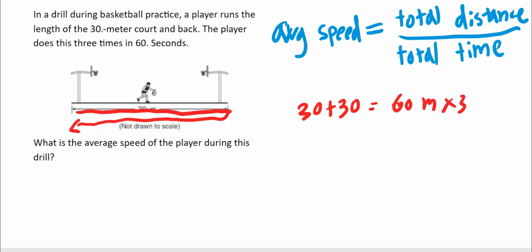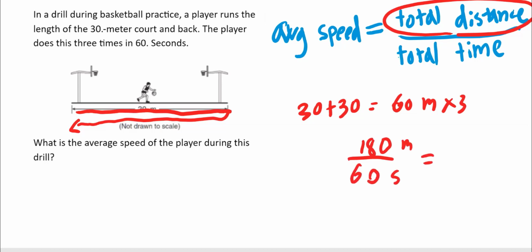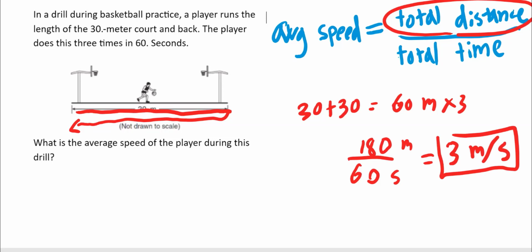So our total distance would be 60 meters times 3, which is 180 meters, divided by the total time, which is 60 seconds. We divide these two to get our average speed of 3 meters per second. So that is our average speed, total distance over total time.